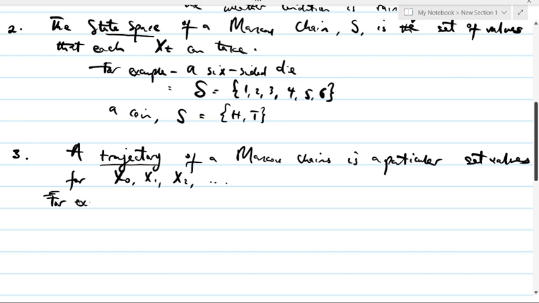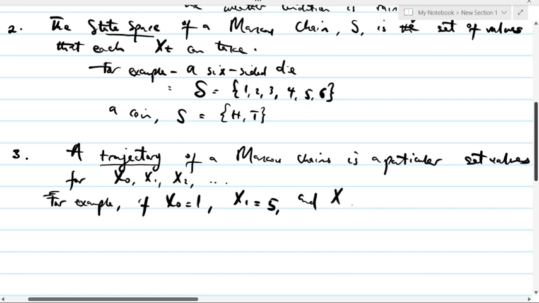For example, if x0 is equal to 1, that is the process at time t equals 0 is 1, the process at time t equals 1 is 5, and the process at time t equals 2 is 6.